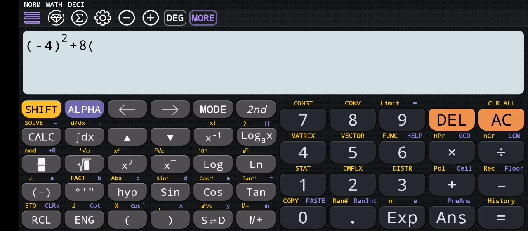You're going to realize that this is going to give us 0. Now let's substitute a value less than -4. For example, -3. It's positive, it's 1. Substitute -5, it's still positive.